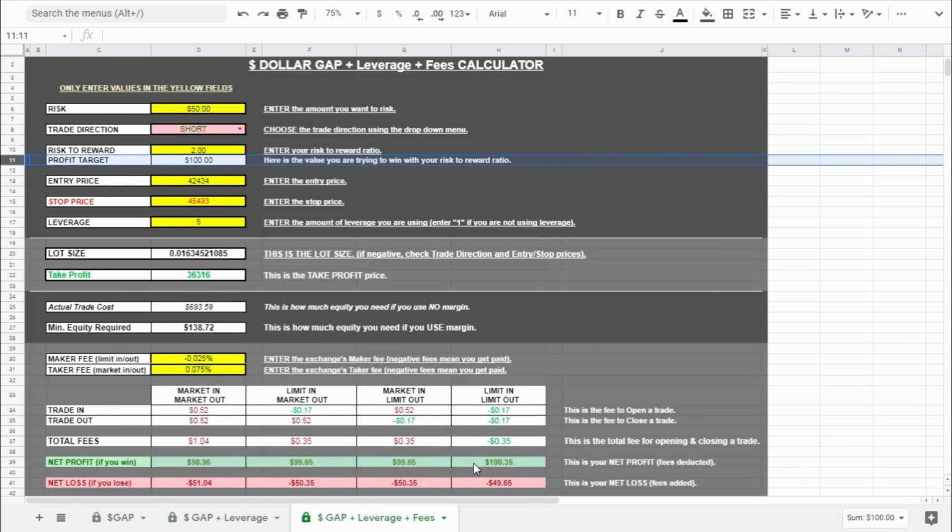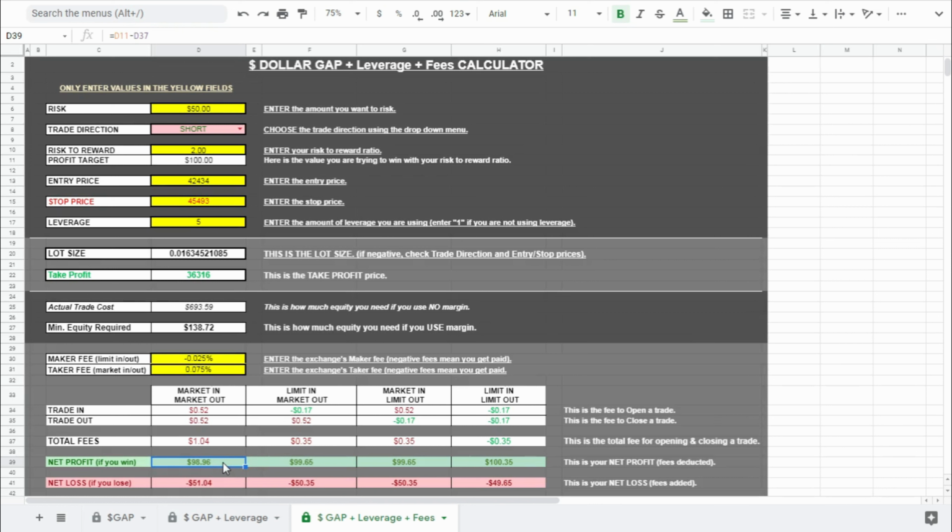We get $100 minus the fees. And in this case, the fees, we're getting paid 35 cents. Therefore, we actually make $100.35.